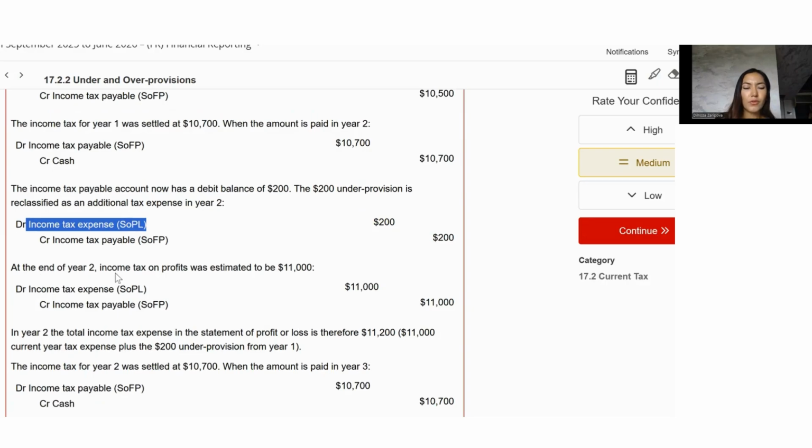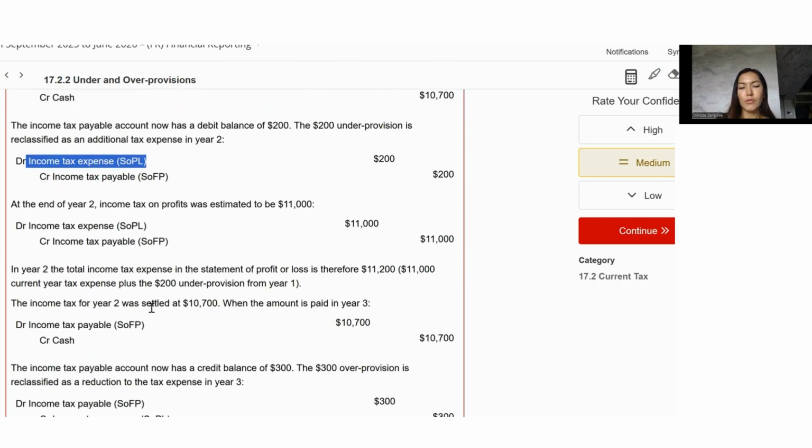At the end of year, income tax on profit was estimated, and now next year you are estimating again 11,000. Based on rough calculations, you charge income tax expense, income tax payable, and then you paid because of the final calculations 11,200.